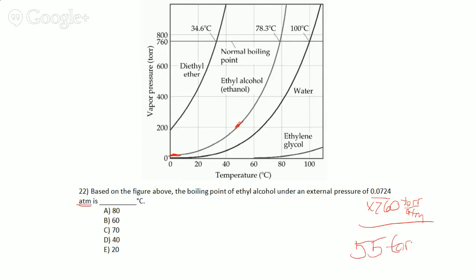So the pressure is really low. I would estimate 55 torr would be right about here. So I'm going to go over till I hit that line, and I'm going to go down. Hopefully there's an answer around 20. Sure enough, there is.